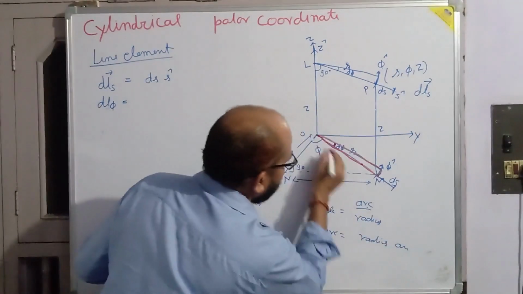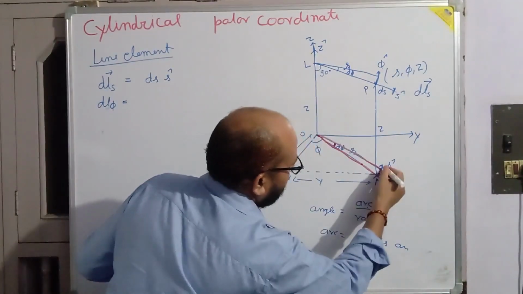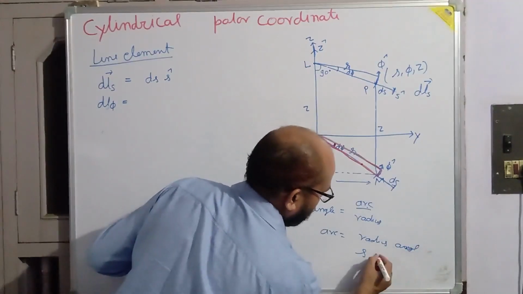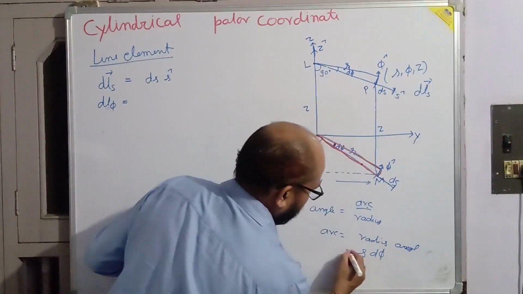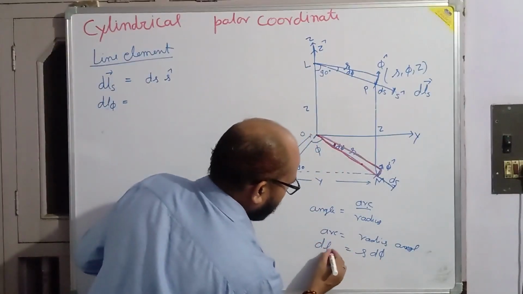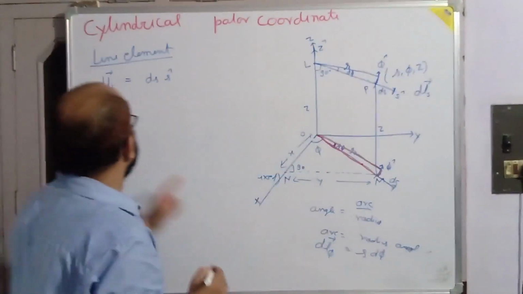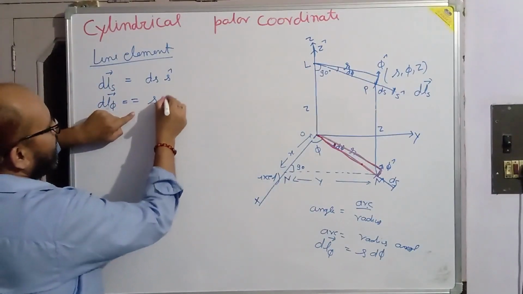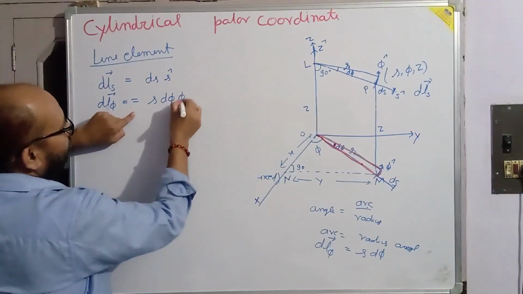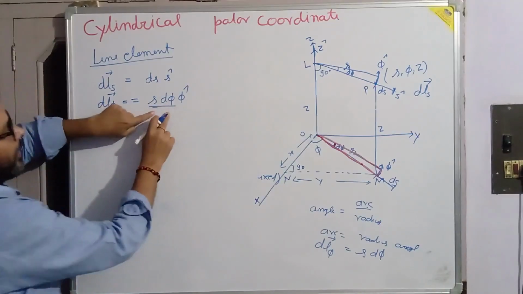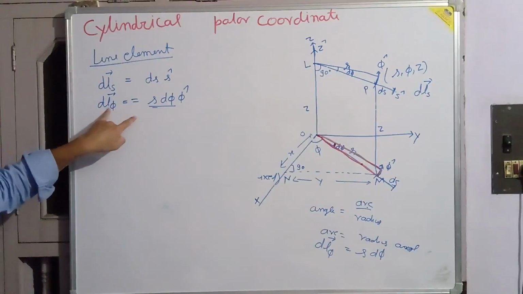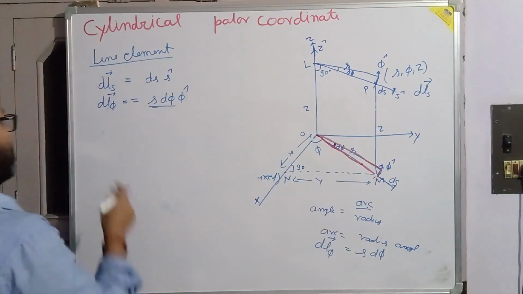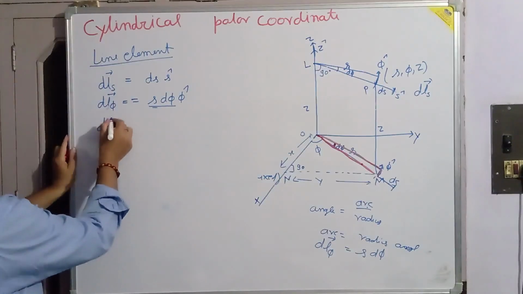Here the radius equals S and the angle is d phi. So dl_phi equals S d phi phi cap. This is the magnitude of this line element.